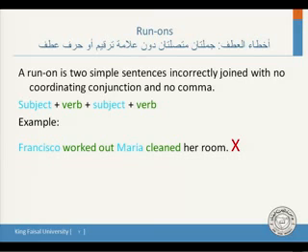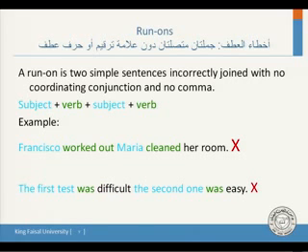There is a mistake or an error here. This is called a run-on. So, a run-on is 2 simple sentences punctuated incorrectly or joined incorrectly. What do we need to correct this? We will see this later.